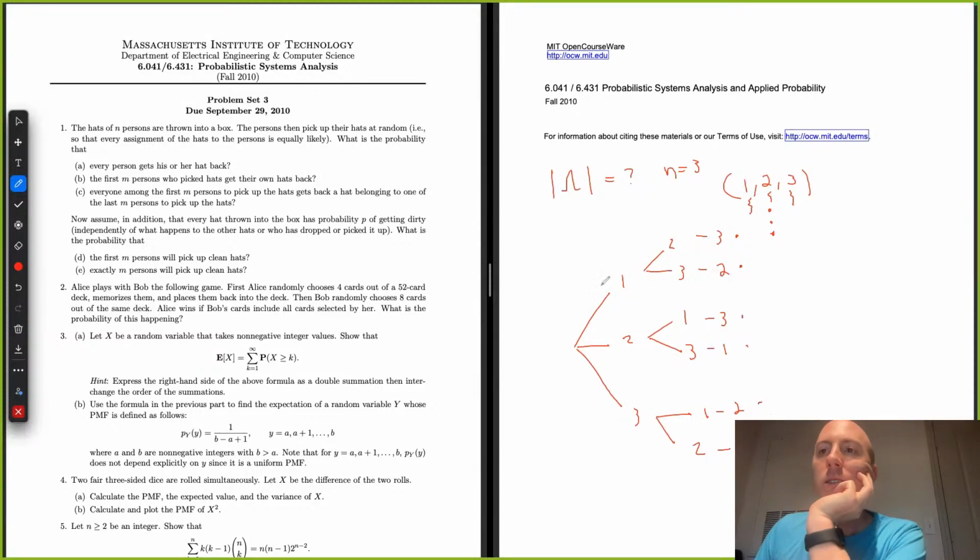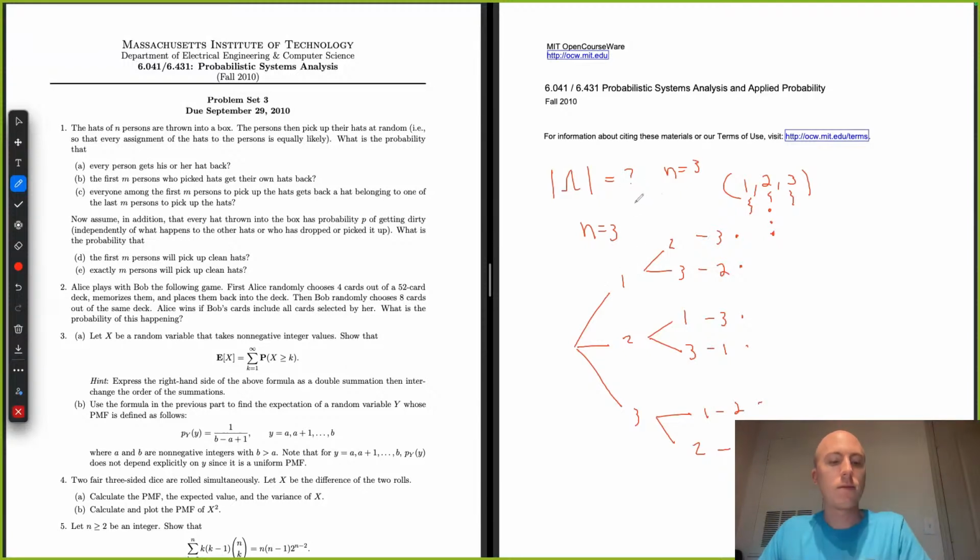We can do that by counting up the number of leaves at each step. Like at step 1, there were n is equal to 3. And then for each of those, there were 2 possible outcomes.